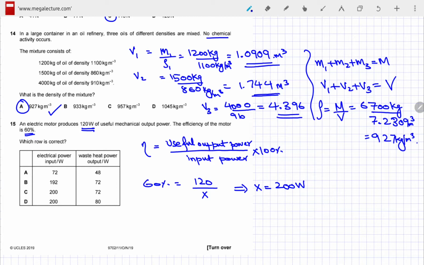So the correct option for electrical power output is 200 watts. What about the waste heat? We just take this 200 input and subtract from this the 120 watts of useful power, and you get 80 watts. So the correct option is option number D, with 200 electrical power output and 80 waste heat power.